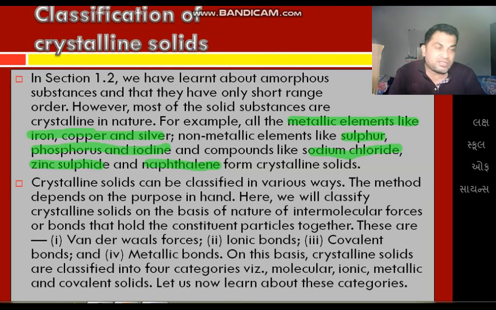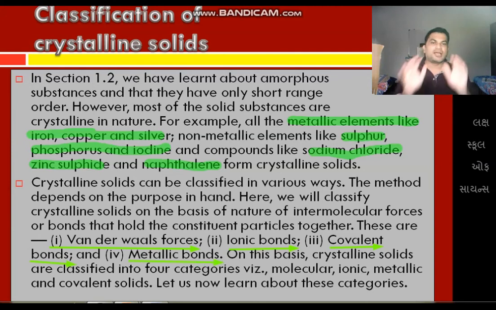So crystalline solids can be defined as a regular arrangement, and due to that regular arrangement we can say something about the intermolecular attraction between the solid's constituent particles. Dear students, if we talk about attraction forces, then these four are very famous: van der Waals attraction force, ionic bonds, covalent bonds, and metallic bonds.